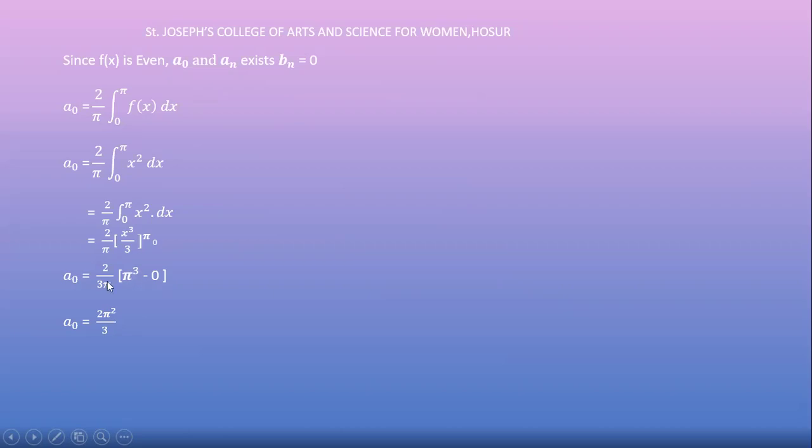One pi gets cancelled, so you will get 2 pi square by 3.